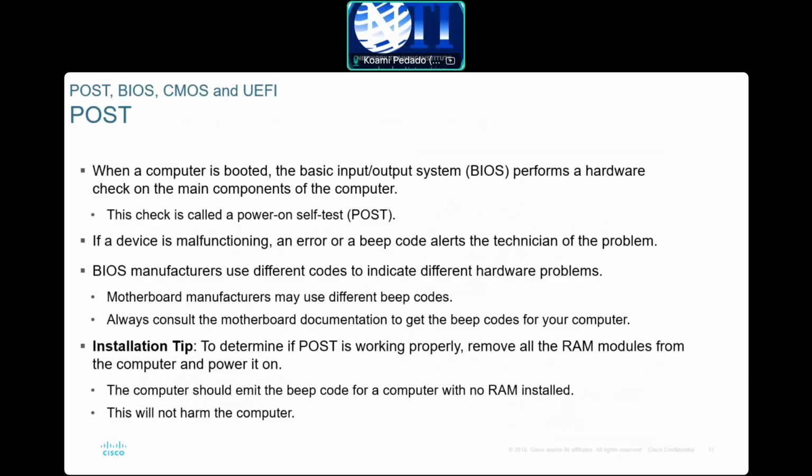So when the computer boots, when you turn on the computer, the basic input output system called BIOS performs a hardware check on the main components of the computer. The BIOS, which is again the firmware, will check all the components inside the computer. This check is called POST, meaning the power on self-test.